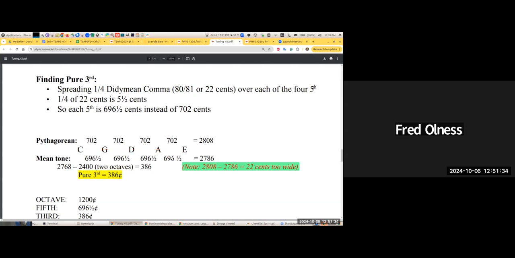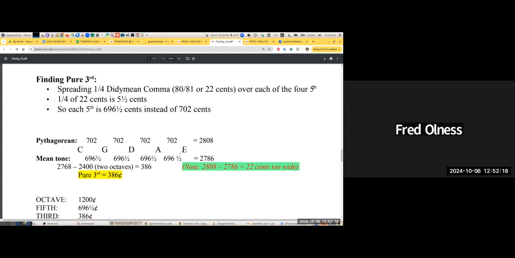So I'm going to take that 22 cents and divide it up between each of these 1, 2, 3, 4 steps. 22 over 4 is 5.5 cents. So I'm going to squeeze all of these fifths. The ideal fifth is 702. I'm going to squeeze those by 5.5 cents, and so I'm going to make those fifths 696.5. They're just going to be a little bit more narrow. And then when I go through my cycle of fifths, I get the perfect value for E instead of being too wide. All right. So we're going to sacrifice the fifth to get a good third. Okay. And here's the calculation.